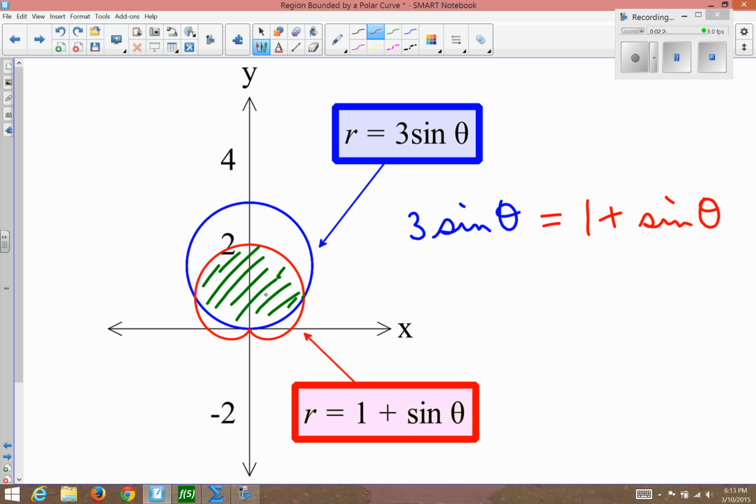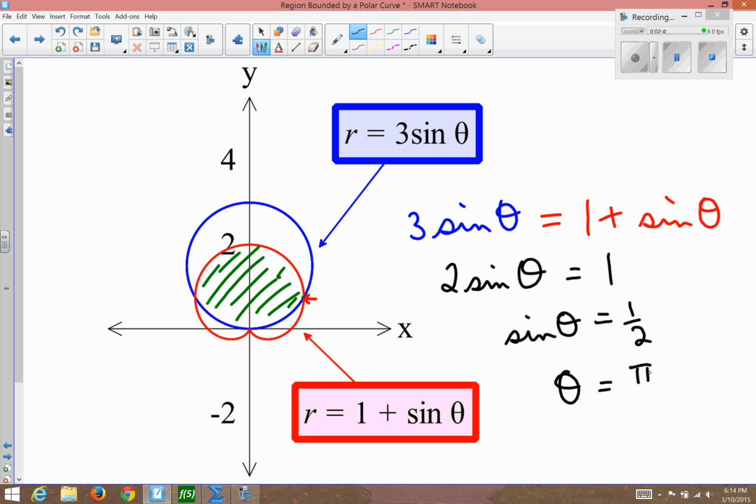There's more than one intersection point. Right now we just are going to get this one. If we subtract sine theta from both sides, we get 2 sine theta equals 1. Therefore, sine theta equals 1/2. The sine of 30 degrees is 1/2, so theta equals 30 degrees, which is pi over 6 radians.